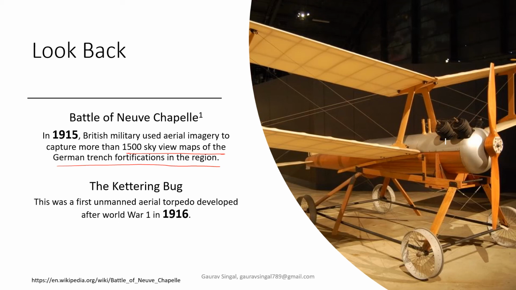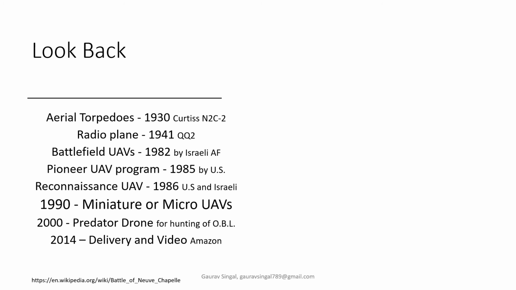Then the next very famous one is the Kettering Bug. This was the first unmanned air vehicle torpedo, developed after World War One. Similar kinds of developments kept coming as time passed.